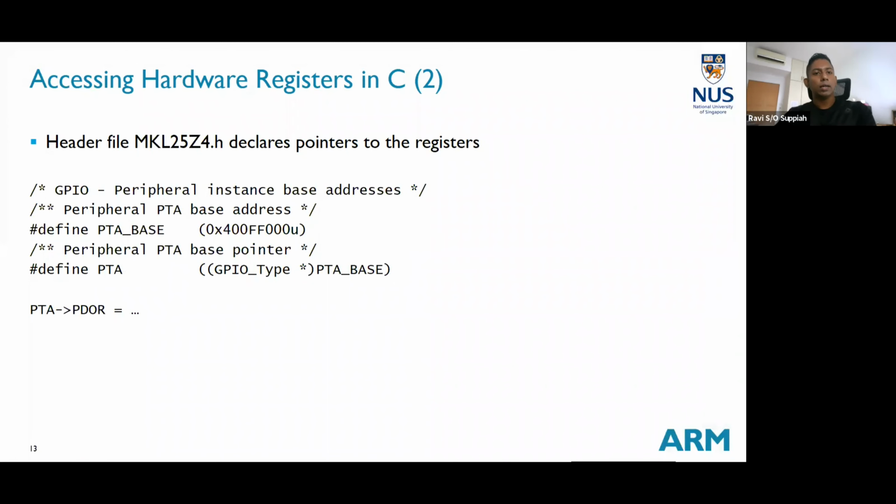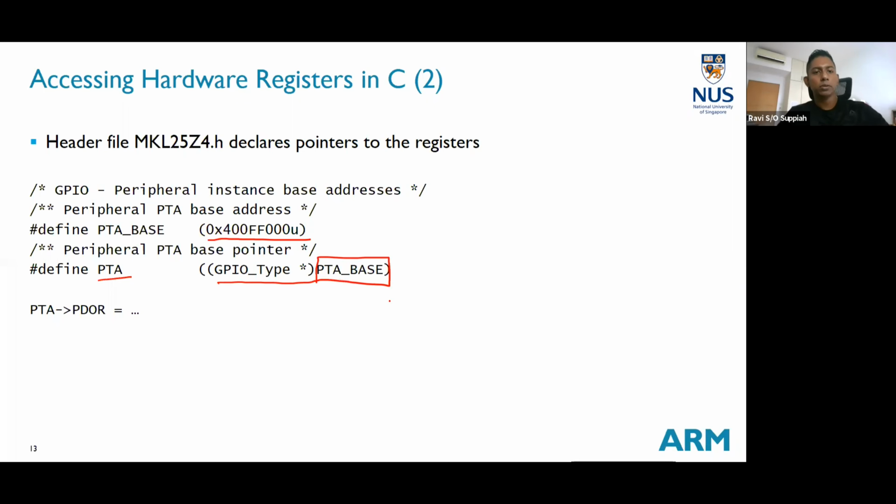Okay, so in terms of programming, you do not need to worry about these actual addresses, where it is defined and so on. What is already done for us is the base address has been defined in the header file, and there is also a definition where we have created a pointer to the structure type, with the base address of each of the ports.